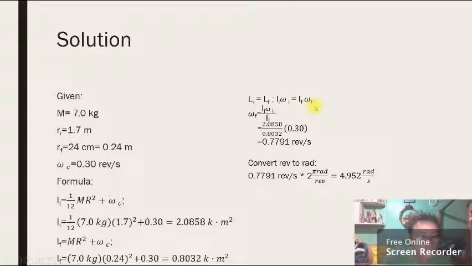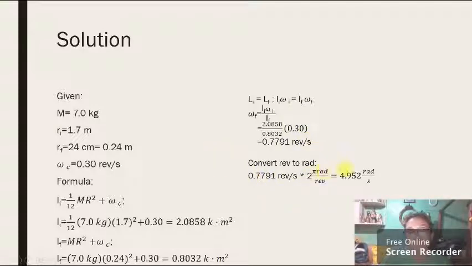And then we're just going to substitute this one since we're looking for the final angular speed. So we're just going to rearrange this equation to find the final angular velocity. So plug in the values that we have, and then we're going to get 0.7791 rev per second. So we need to convert rev to rad.